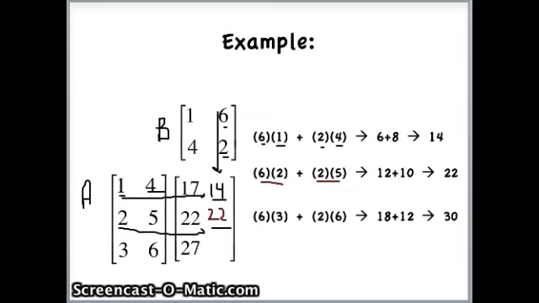If you got 30, then you are correct. Again, you're going to do the first in this row times the first in this column, 3 times 6, added to the second entry in this row times the second entry in this column, which is 2 times 6, so 18 plus 12 is 30. And that's how we multiply matrices.